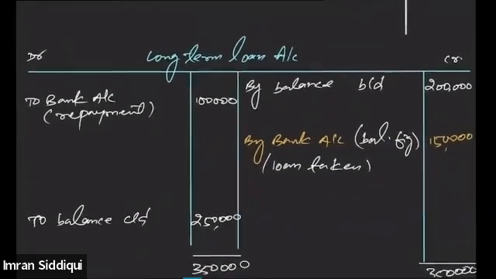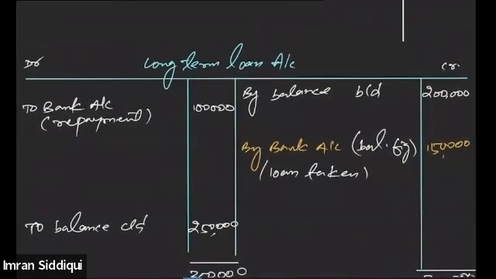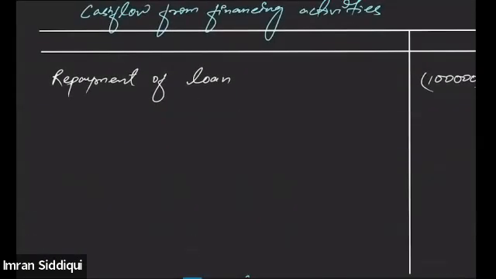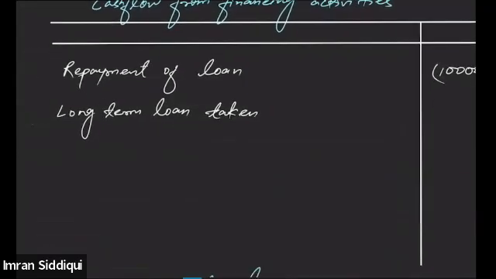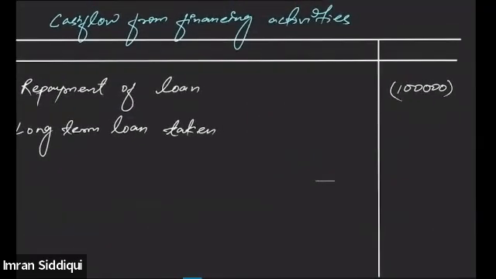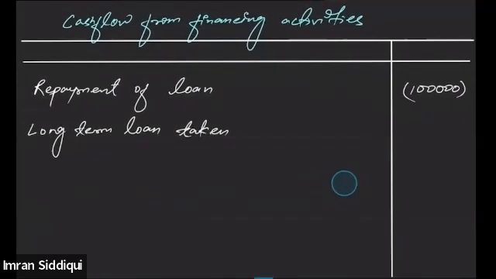From this account, we got the value of the loan that we have taken this year, and we can write that here: long-term loan taken, 1,50,000.